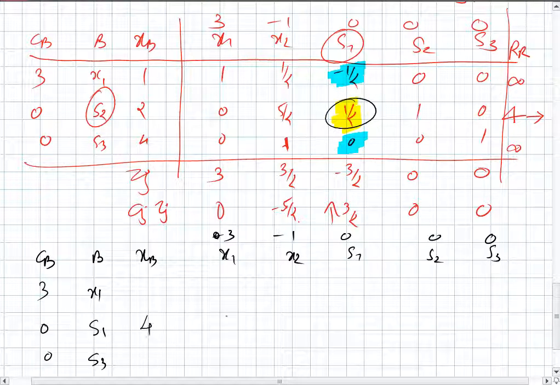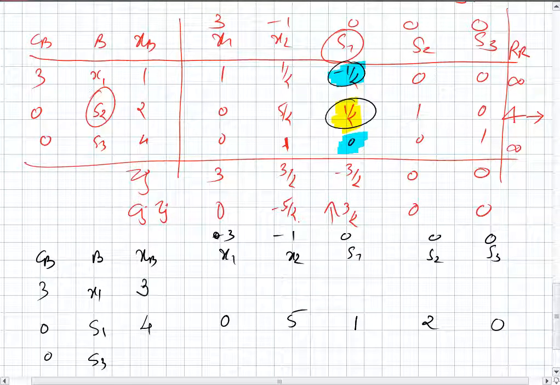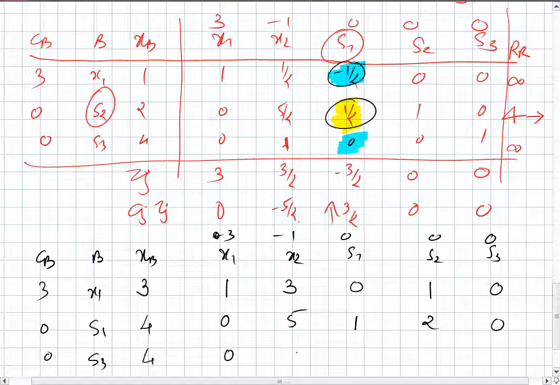So here we are having 4, 0, 5, 1, 2 and 0. Now to make this entry 0, we just add these two rows. So we are having 1 plus 2, that is 3, 1 plus 0 is 1, 1 by 2 plus 5 by 2 is 6 by 2, so 3, here it is 0, 1 and 0. This is already 0, so we will write it as it is, so 4, 0, 1, 0, 0, 0. Sorry, here it is 1.